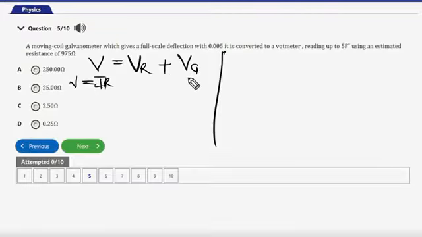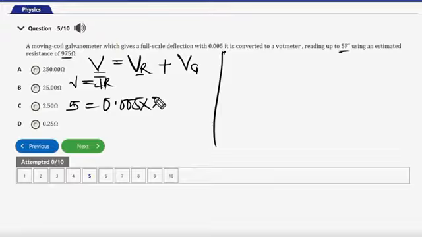So in that case, the voltage reading here is already given to be 5, right? So we have that 5 volts is equal to the IR for this resistance, which will be the current, which is 0.005, times the resistance of the resistor, which is 975 ohms.